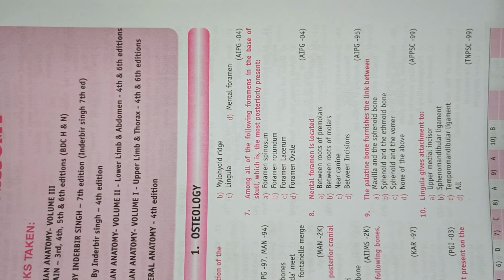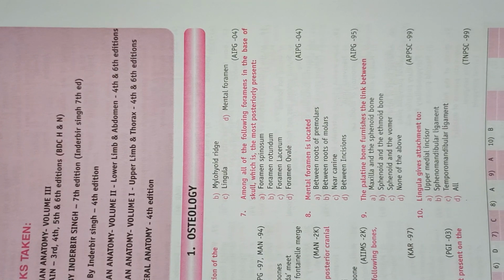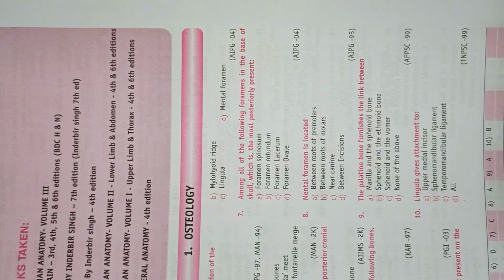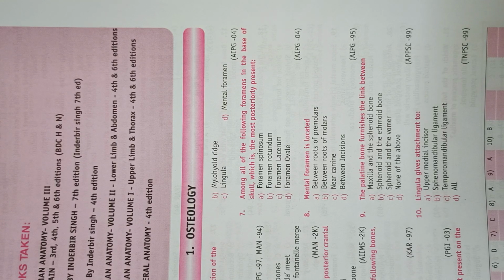Actually, the mental foramen is present outside the mandible, so that is the question. Which of the following structure is not present on the internal structure of the mandible? So the internal structures are genial tubercle, mylohyoid ridge and lingula, and the correct answer for this sixth MCQ question is mental foramen.